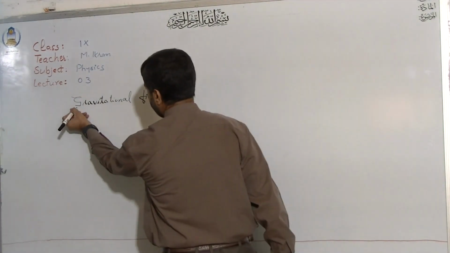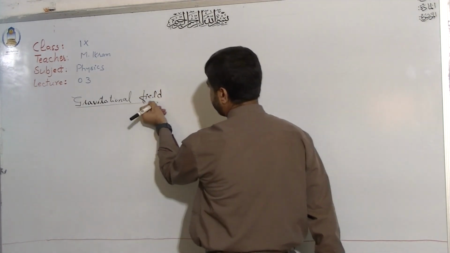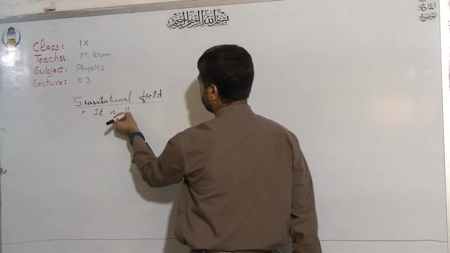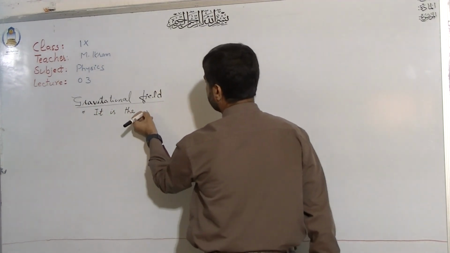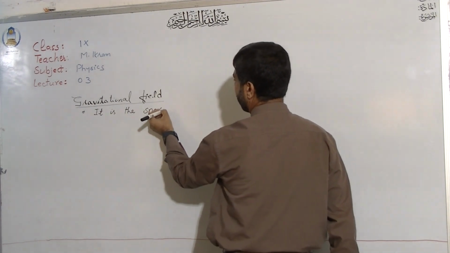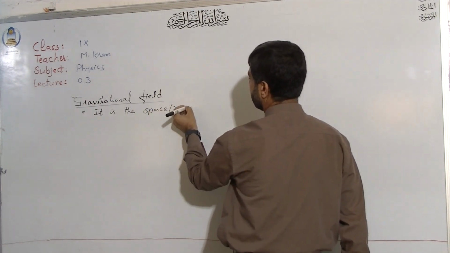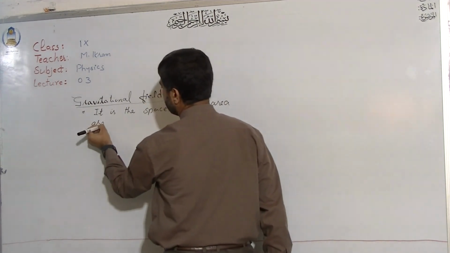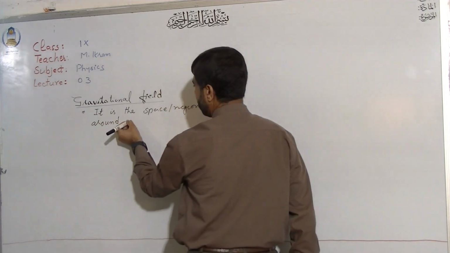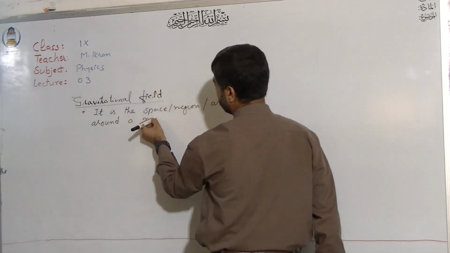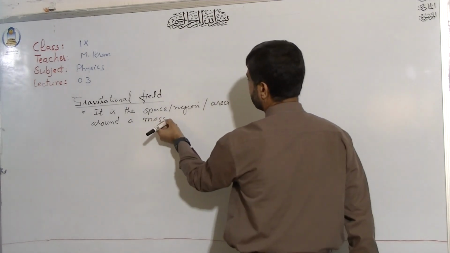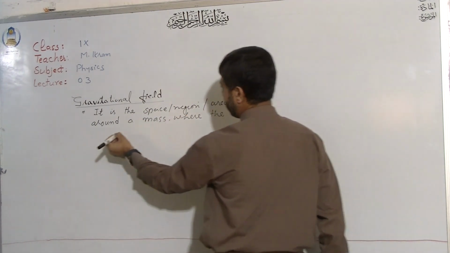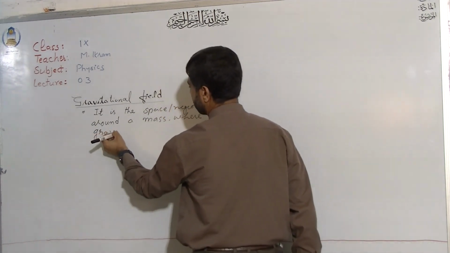Gravitational field is, in fact, the area, the space, you may write region, or area around a mass, a massive object, where the gravitational force acts.